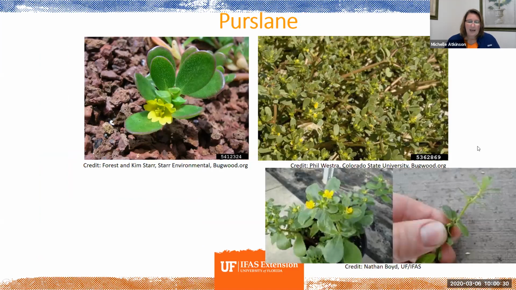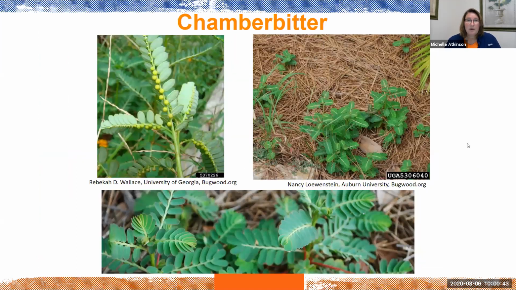Purslane, it's more like a succulent plant, and you know, those kind of thick watery leaves sprawling again. Chamber bitters is pretty interesting because of these seed pods here on the underside. Makes it very interesting, and then it's got these leaflets with many little leaves on them.